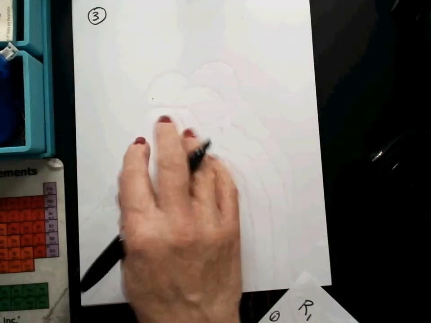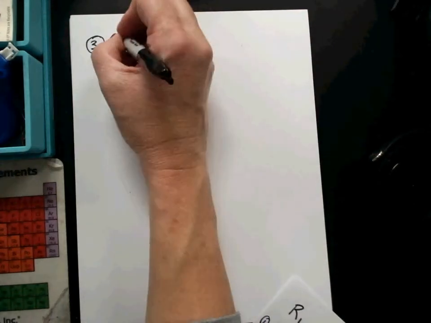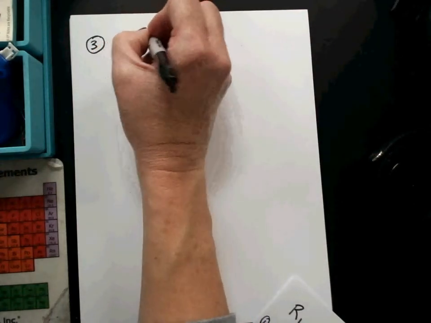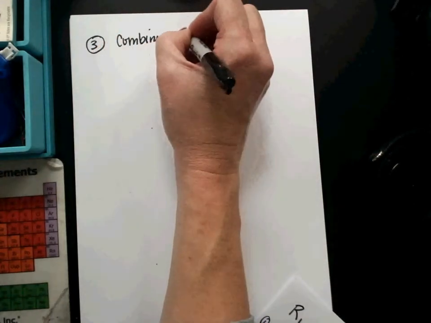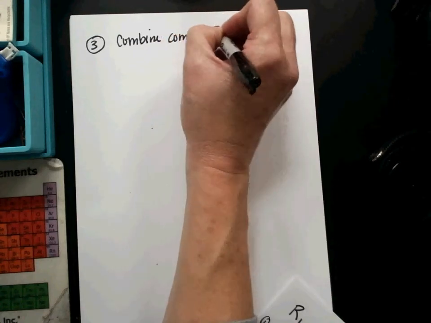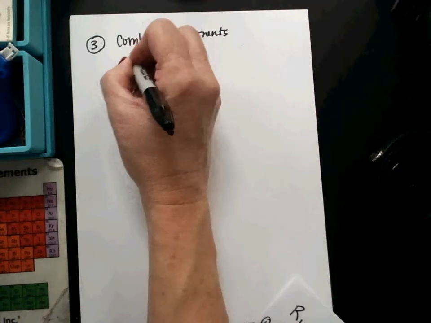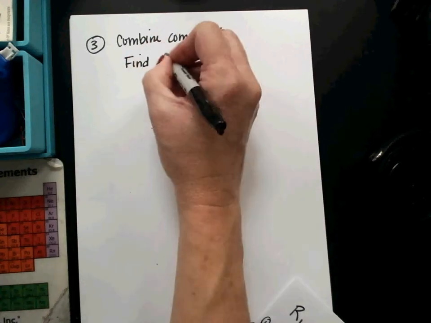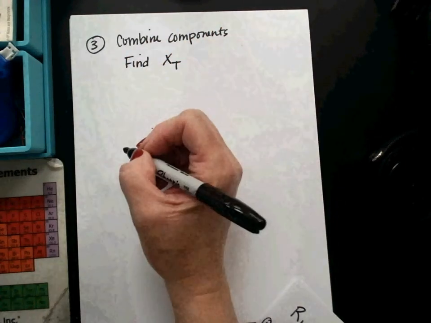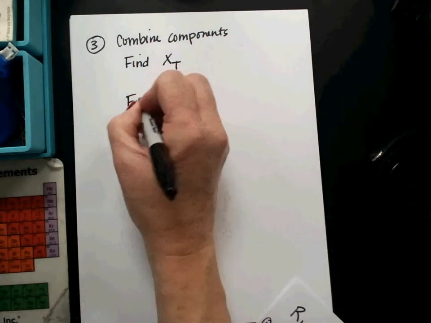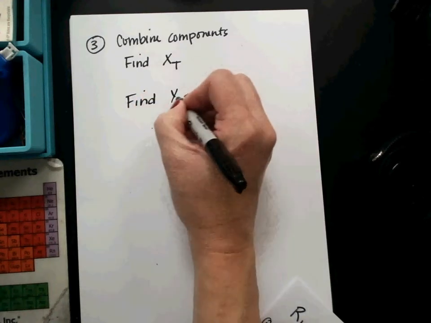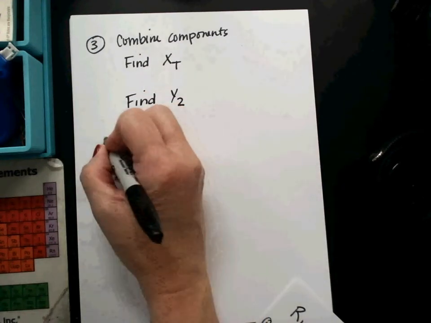The third thing I'm going to do is I'm going to combine components. So I want to find x total, and I want to find y total.